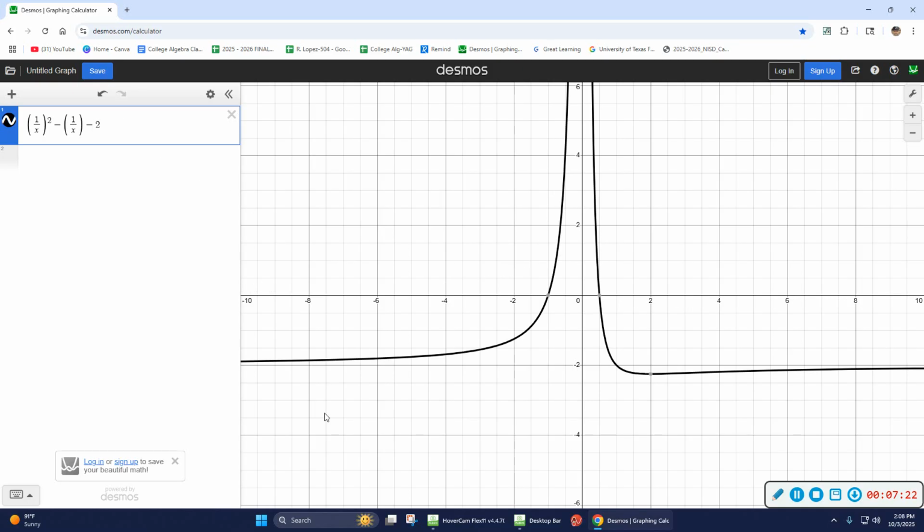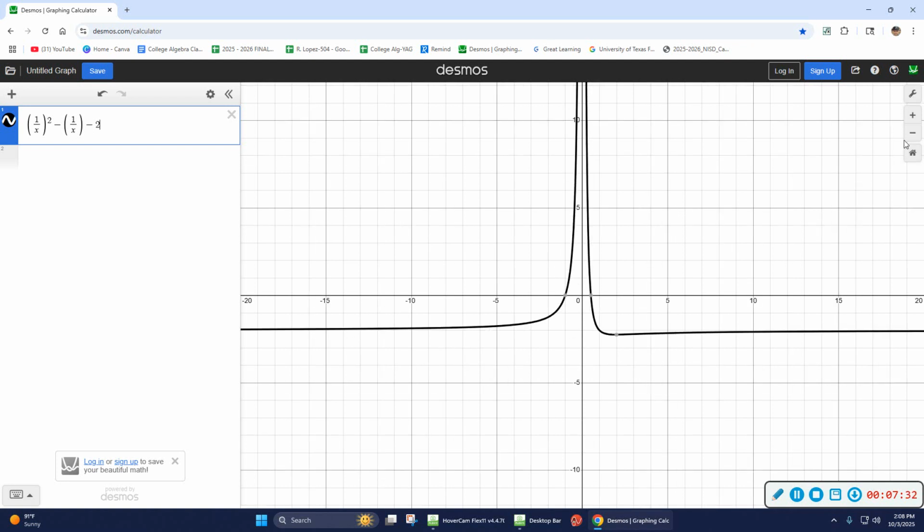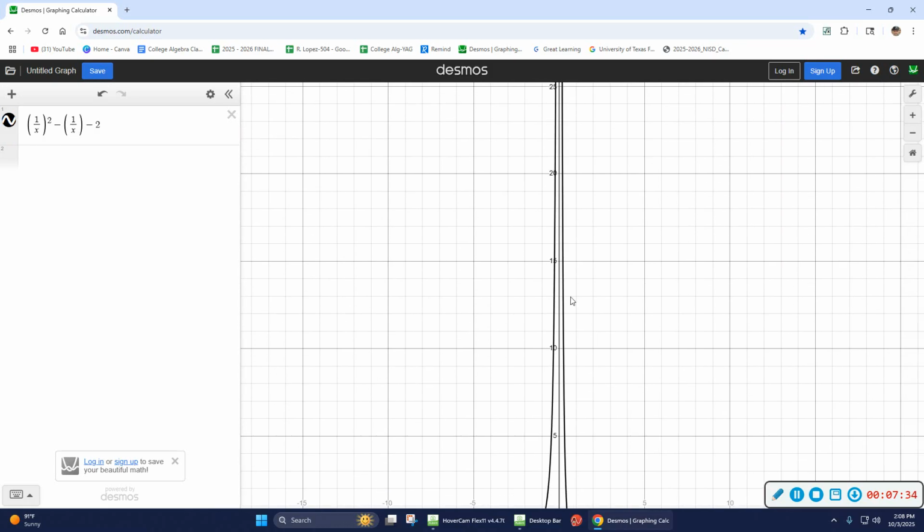Now from the first look of it, it looks like it goes from negative infinity to positive infinity. But I want to find out if there's a gap here or not. Does it actually exist at 0? So it helps to zoom out a little bit and find out if it ever connects. Does it ever touch the y-axis?